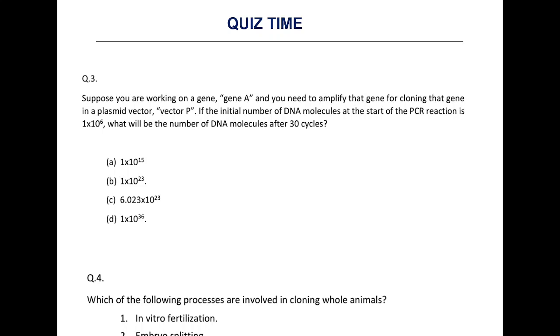So if you calculate 2^n, that is 2^30, that is equivalent to around 10^9. So you get 10^9 times the number of initially present molecules, that is 10^6. So the right answer is A, 10^15.